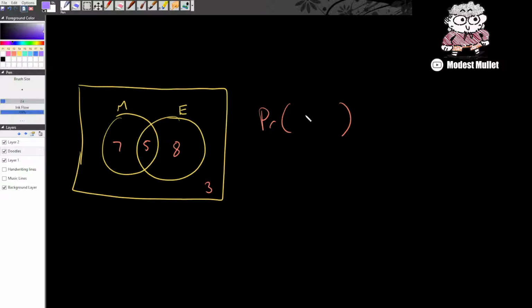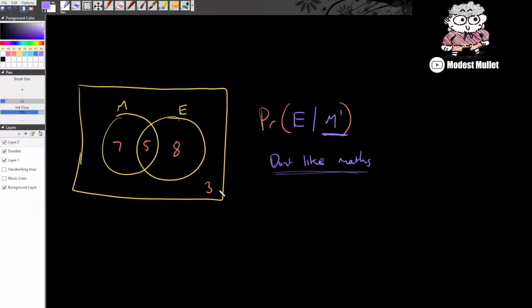Let's go a little bit harder. What's the probability they like English given they don't like maths? Okay, so this is flipped on its head. Our condition here is that they don't like maths. So we need to look carefully at the Venn diagram and apply this don't like maths and do a bit of covering up or scribbling.